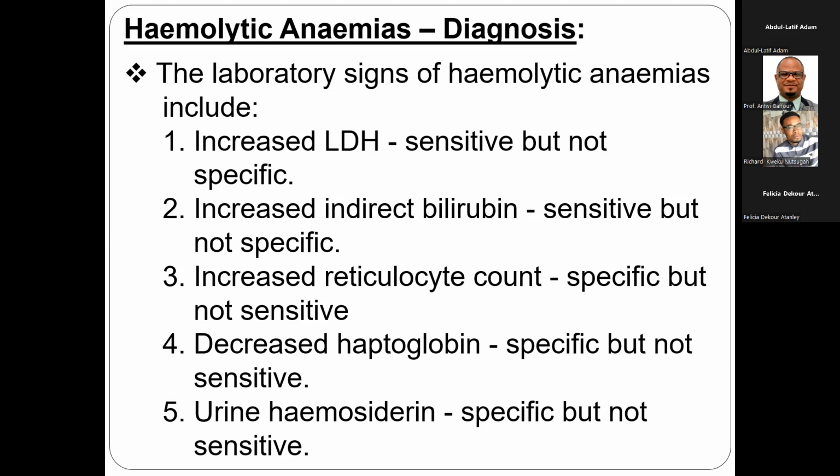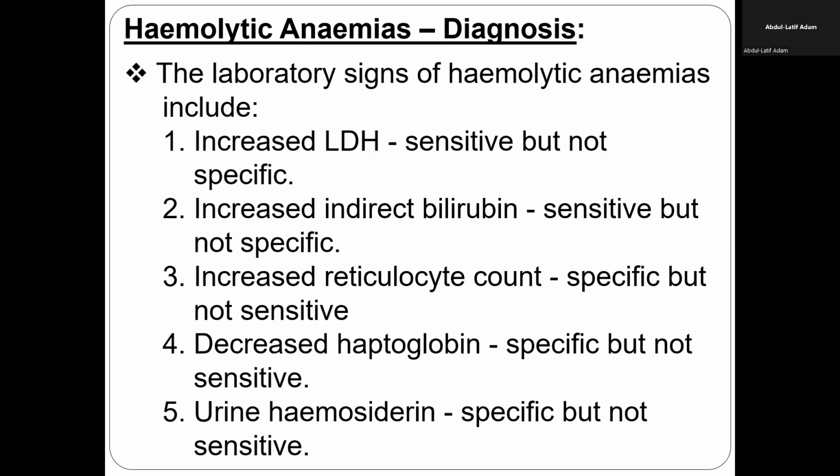Okay, but in terms of sensitivity, it means that it can be used to directly indicate hemolysis, right? But you may not see high LDH only because of hemolytic anemia. Is that what you mean? Yes, sir. Yeah, that's correct.